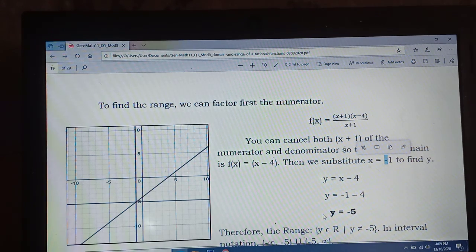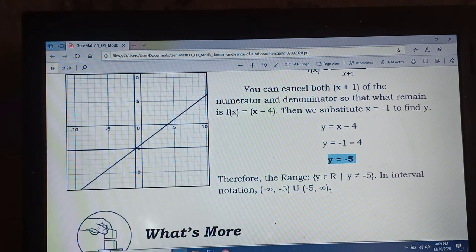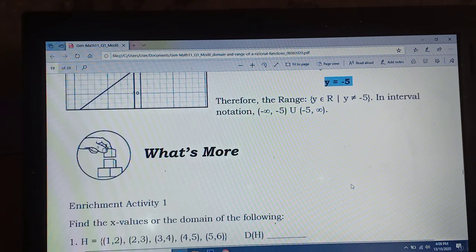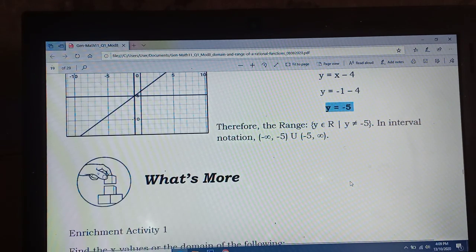And therefore, what is the range? The range is y is an element of R, y is not equal to negative 5. And the interval notation, negative infinity to negative 5, union negative 5 to positive infinity. That would be all for this lesson.